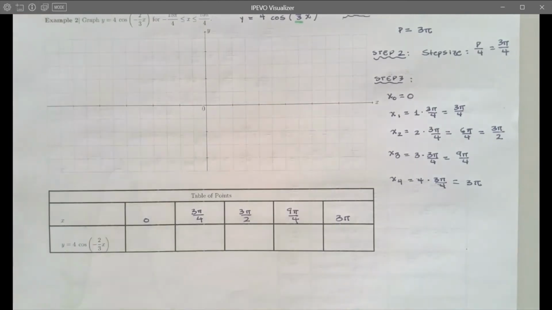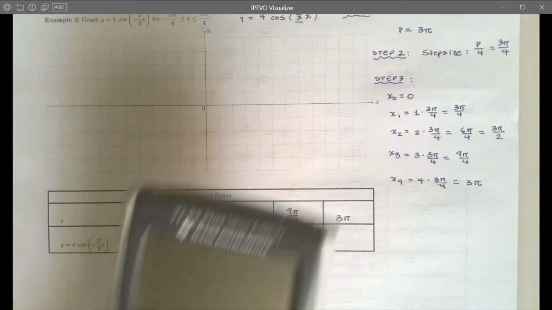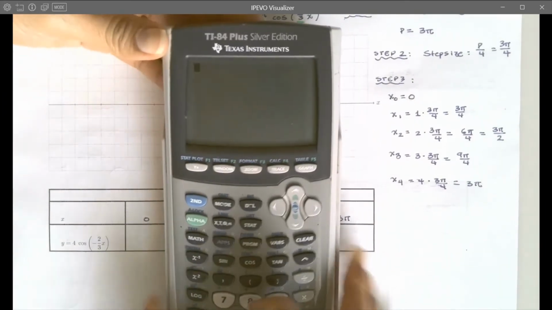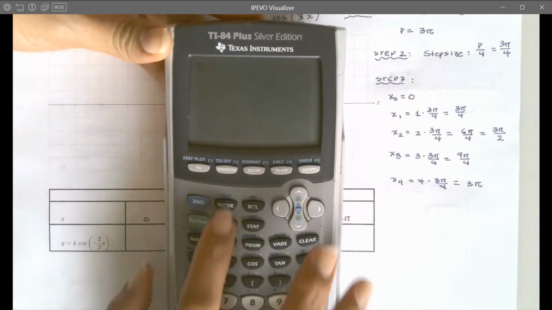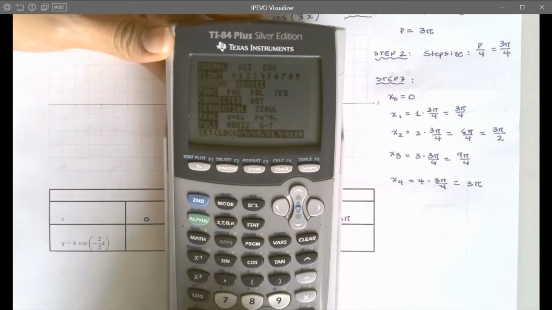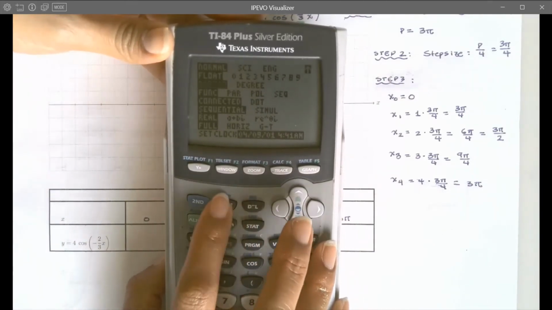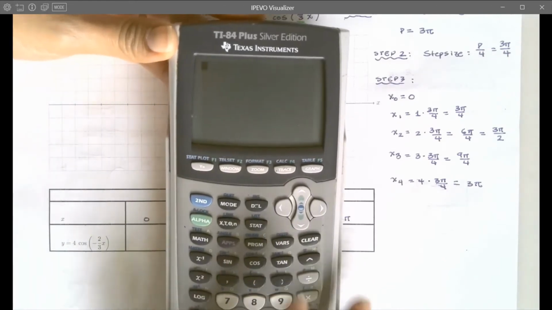Now just to make our work go by a little bit faster, I'm going to rely on my calculator to do this, because that way I can just simply go ahead and do second enter and change my x value. First thing that I'm going to do is make sure that I switch to radians, and then we can start plugging in.